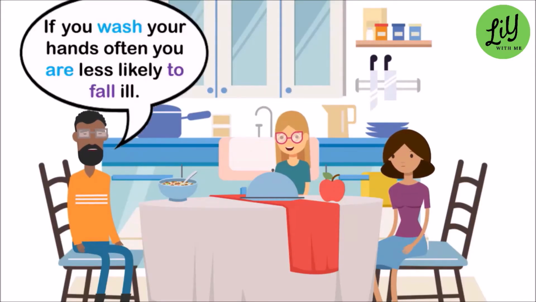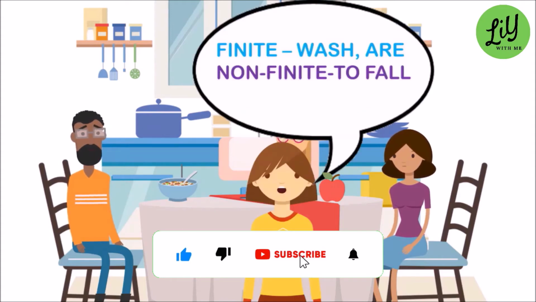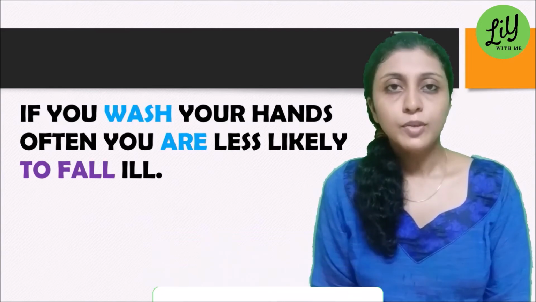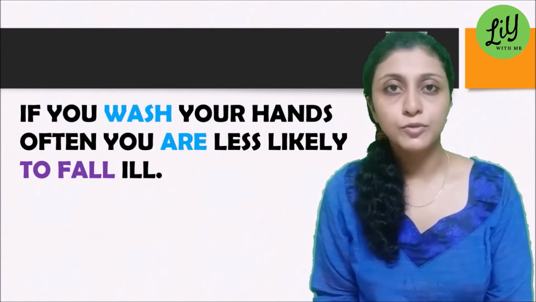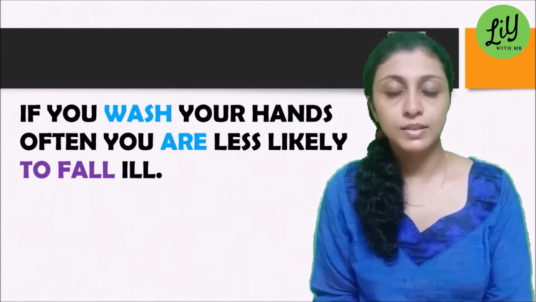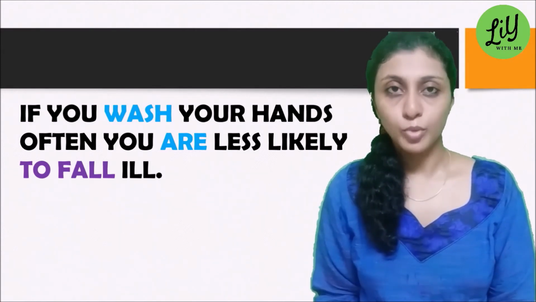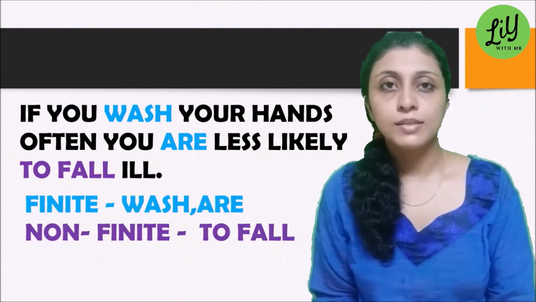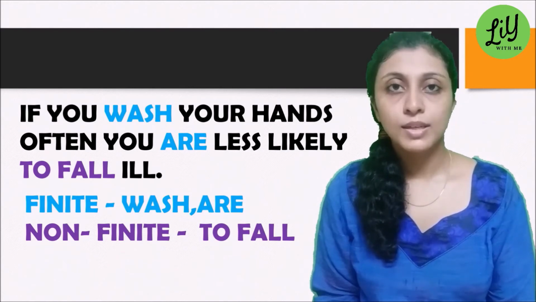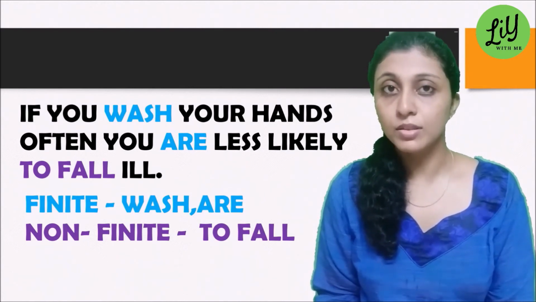If you wash your hands often, you are less likely to fall ill. Finite, wash, are. Non-finite, to fall. In this sentence, we have got three types of verbs. If you wash your hands. So here, wash is the finite verb because it comes after a subject, which is you.